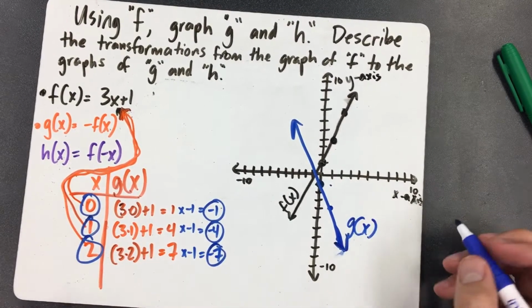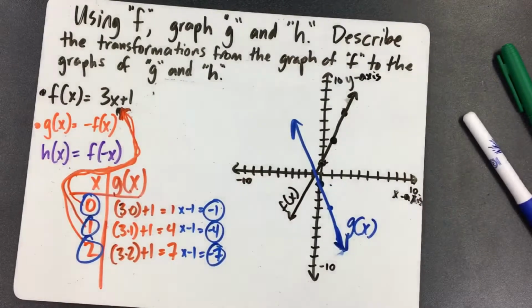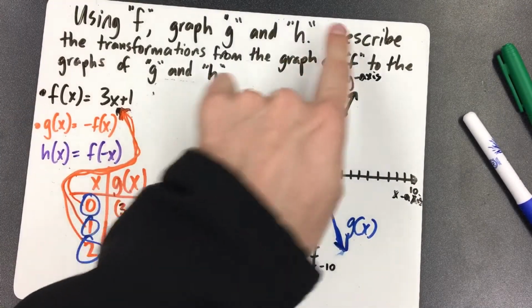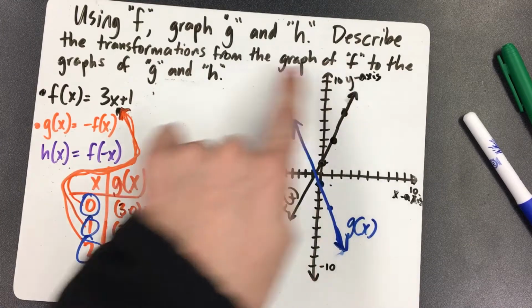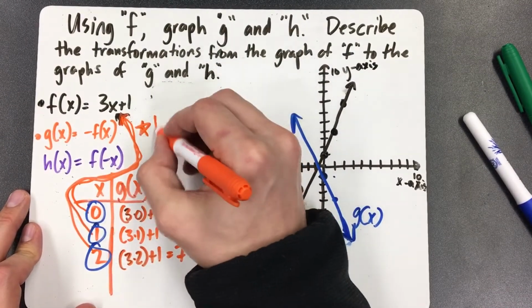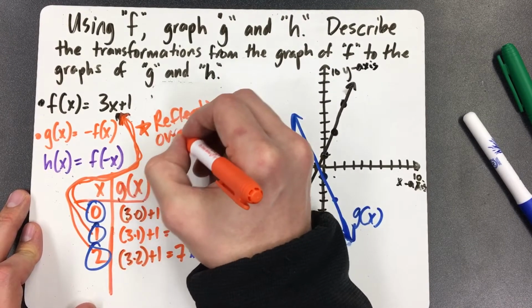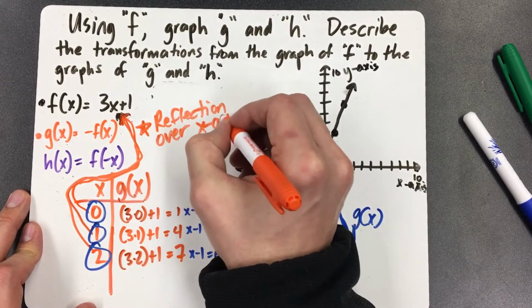All right. What did we just do right there? We took this line and we flipped it over the x-axis. Where it says describe the transformations from the graph of f to the graph of g, this is a reflection over the x-axis.